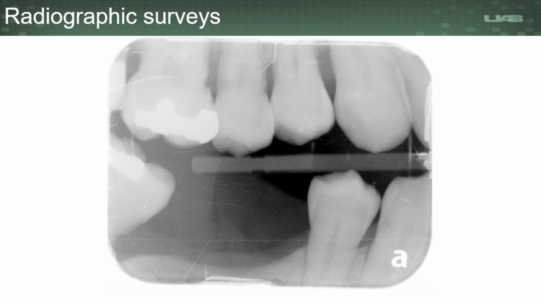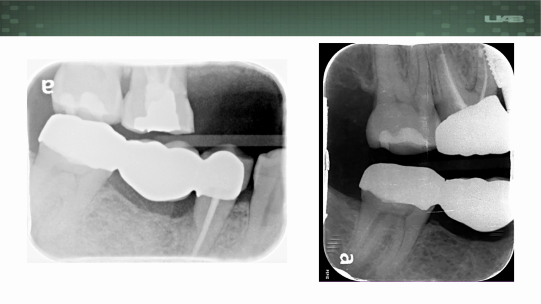Now that's an accurate depiction of the bone levels. However, if we take horizontal bitewings like this, we're going to miss the bone on many of our patients that have periodontitis. So accurately finding that crest of the bone is easier if we take vertical bitewing radiographs.